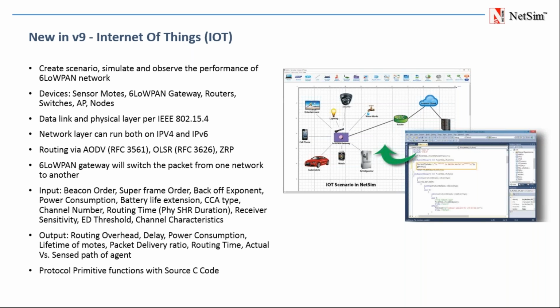Apart from the sensor and 6LoWPAN gateway, we have to use inter-network devices like routers, switches, access point, and host. Data link and physical layer are configured as IEEE 802.15.4. The network layer can run both on IPv4 and IPv6 protocol. Its routing is done via AODV, OLSR, and ZRP.